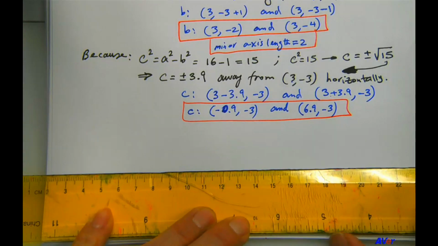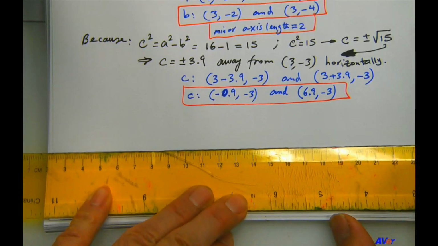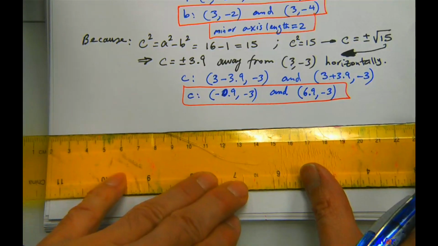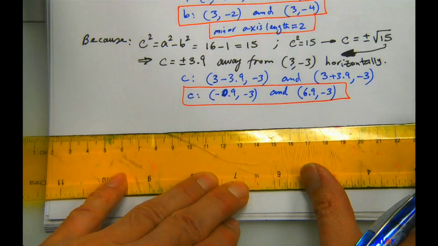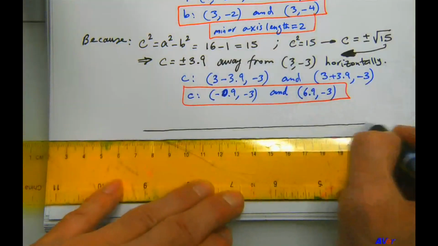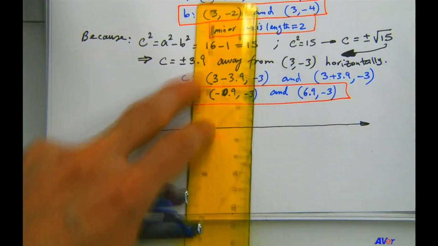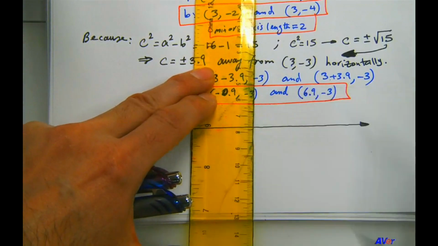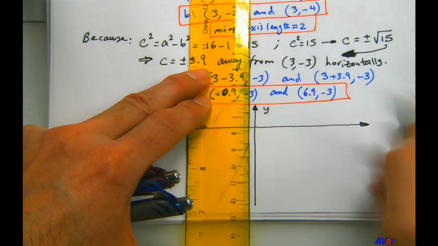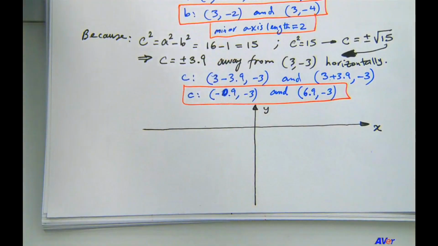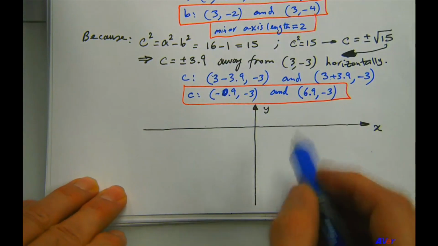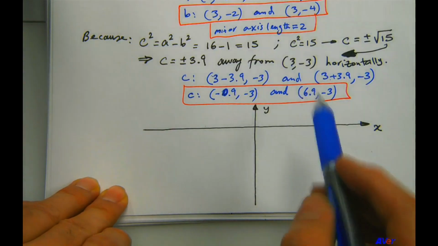I will try to fit this at the bottom of this page. Now, most of this ellipse is below the x-axis, so I will give most of this space to the negative side, like that, and the vertical axis, like this. And so we have, let's see, the center is at 3 comma negative 3.